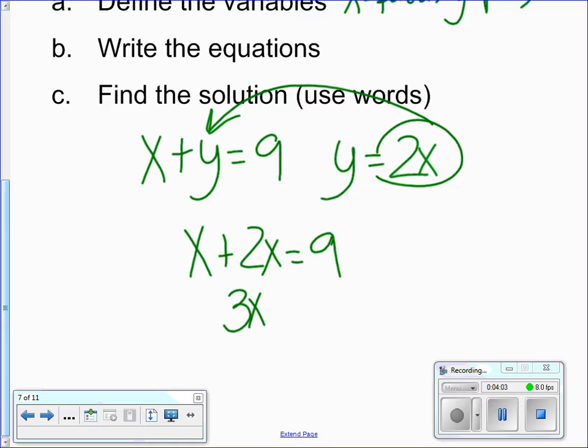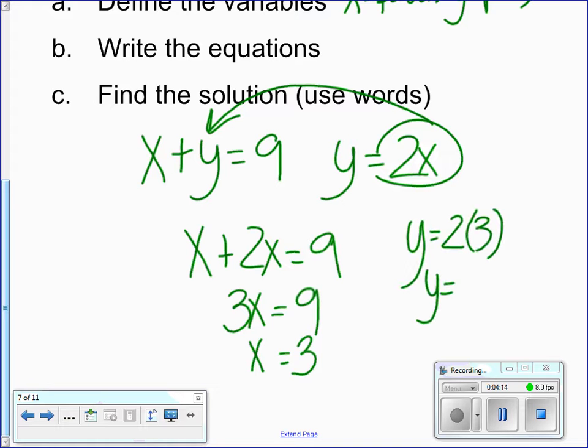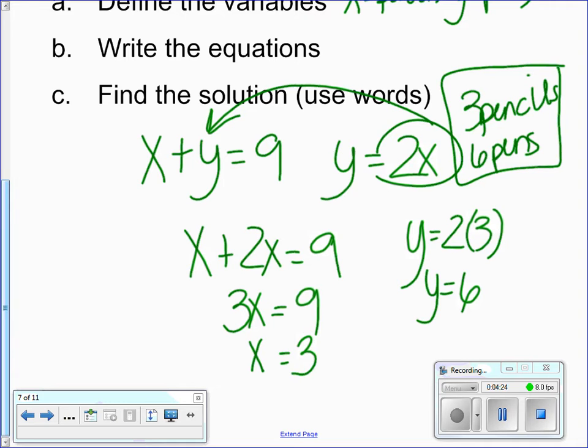Combine like terms, 3x equals 9. So x is equal to 3. So I plug it back in. y equals 2 times 3. So y is equal to 6. So my solution is 3 pencils and 6 pens. Remember, it's a word problem, so it needs words in the answer.